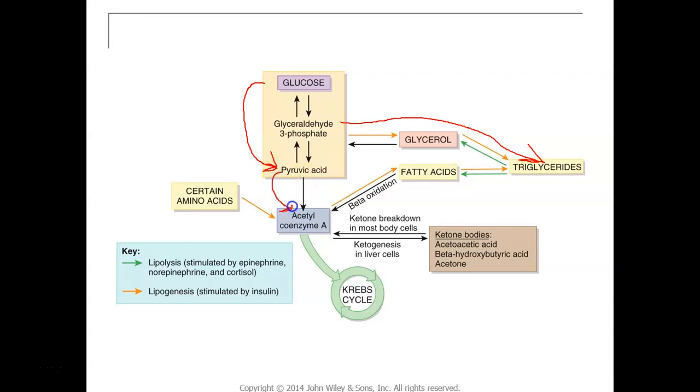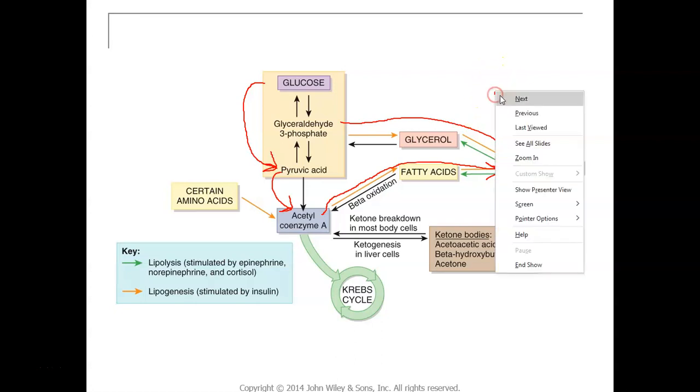Now, if we have an abundance of ATP, we've got too much acetyl-CoA, and eventually citrate, because acetyl-CoA gets converted into citrate thanks to citrate synthase. That citrate gets kicked out of the mitochondria, and it too gets converted into triglycerides. Again, that is what insulin is going to stimulate.